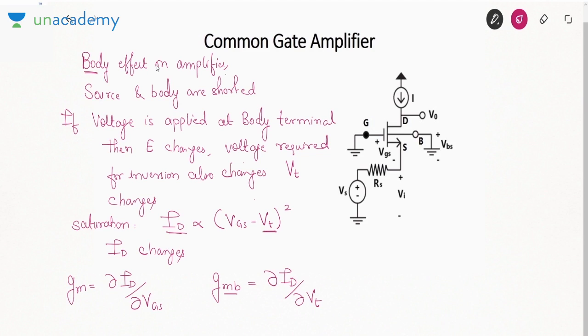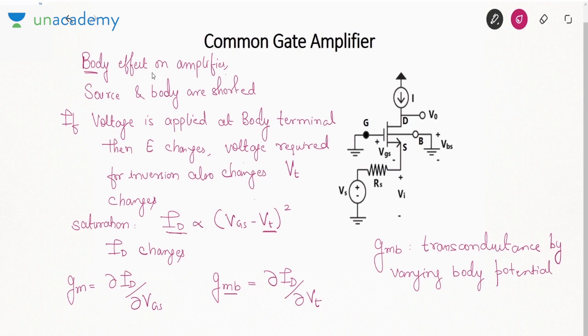Okay, that is transconductance with respect to the varied body potential. So GMB is transconductance by varying body potential. Okay, so that transconductance is called as GMB.